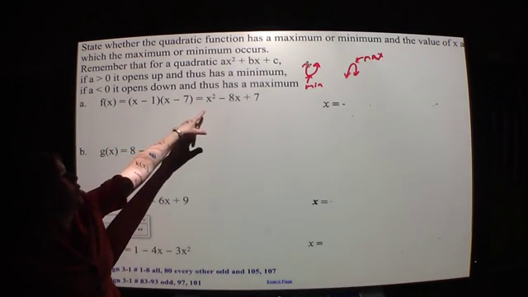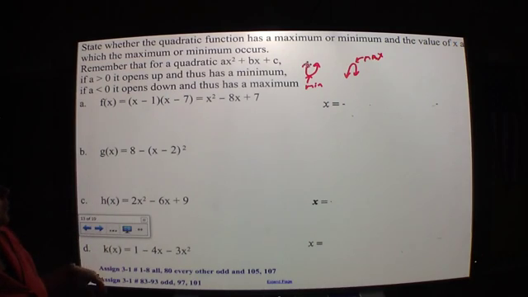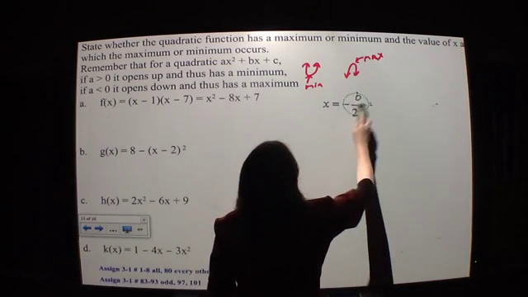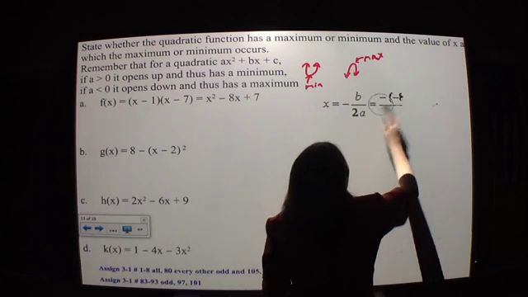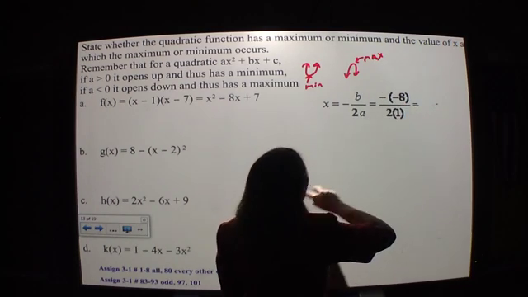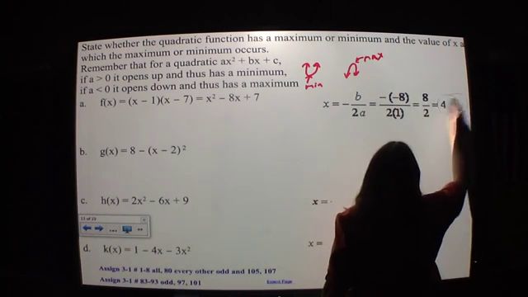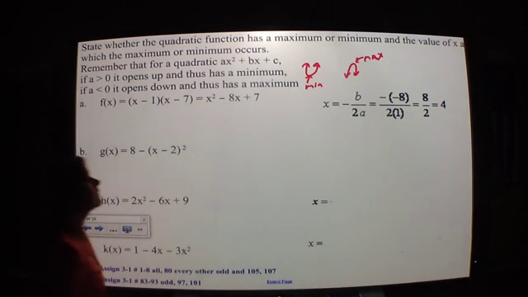This right here opens, you should know which way, upward. So the value happens when x is equal to the opposite of b over 2a. So the opposite of negative 8, over 2 times 1, which gives me 4.